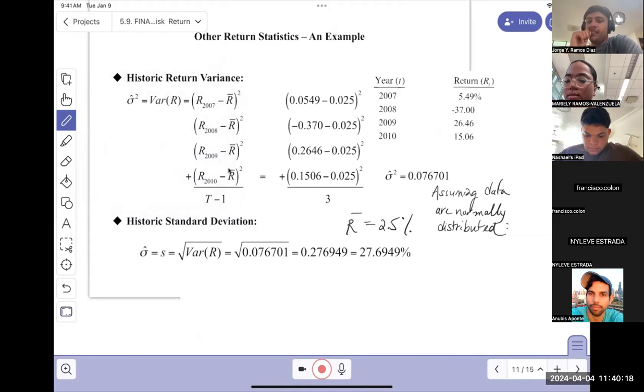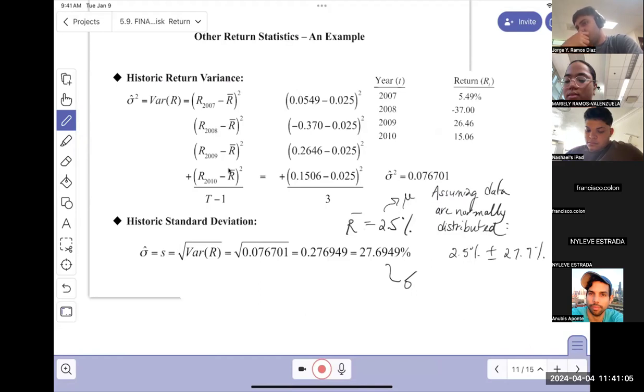So if we assume the data are normally distributed, what we would say is that we would treat R bar like the mean, and you would treat the standard deviation as the true standard deviation sigma, and you would calculate that between 2.5% and, just to make this easier, 27.7%.